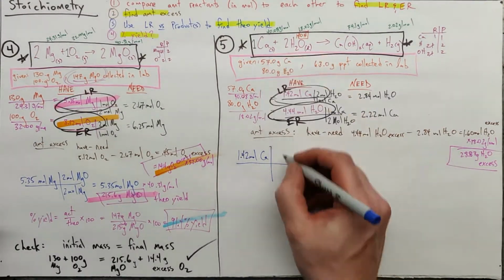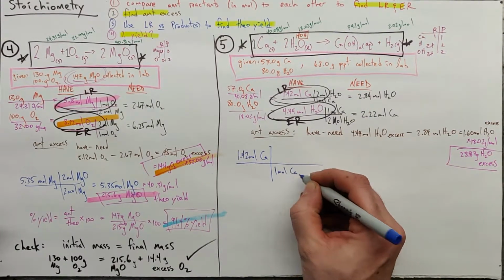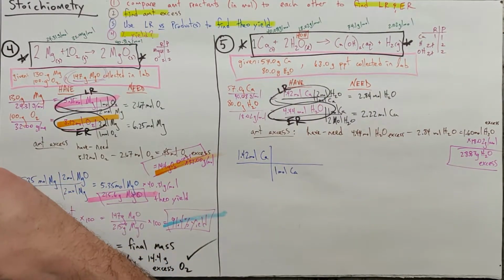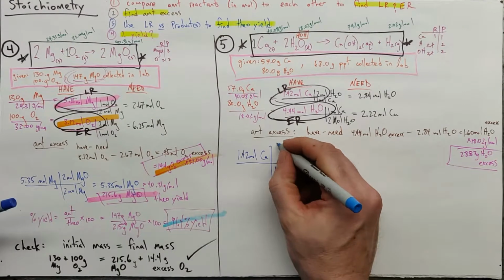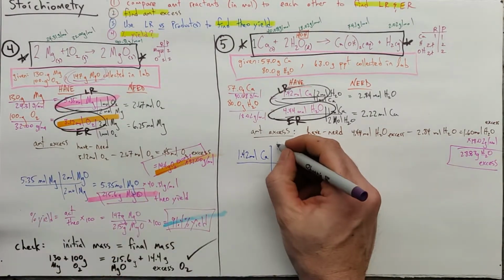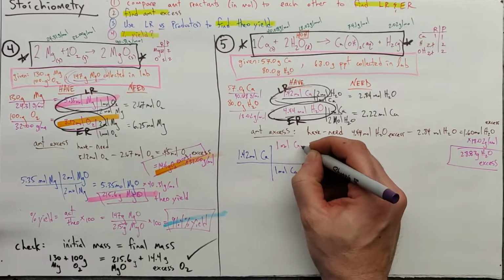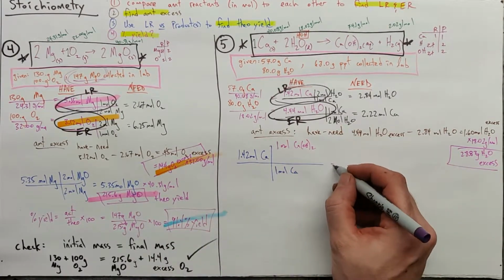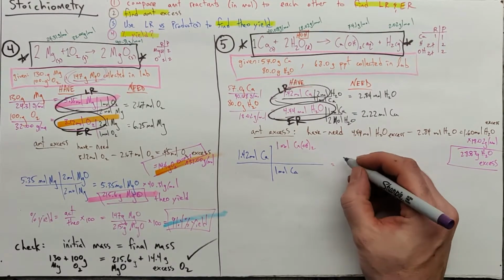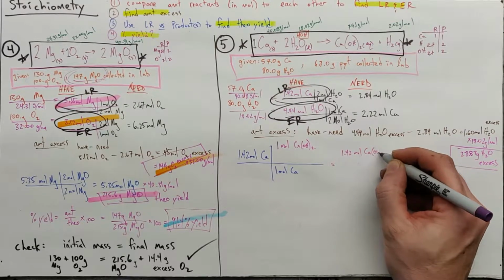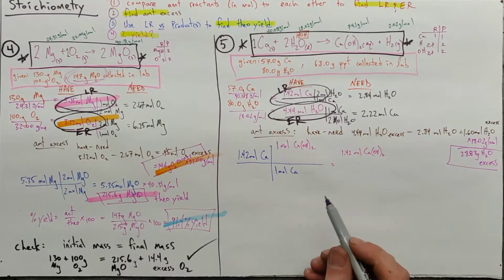In this case, for every 1 mole of calcium, we have 1 mole of calcium hydroxide, and I'm actually going to change colors there. 1 mole of calcium hydroxide. And so 1.42 times 1 over 1, you end up with 1.42 moles of calcium hydroxide as a product.